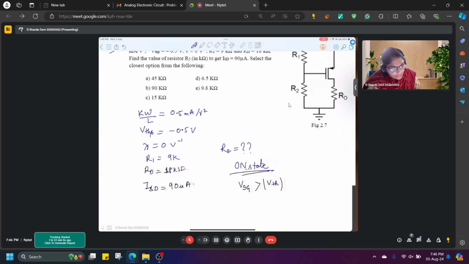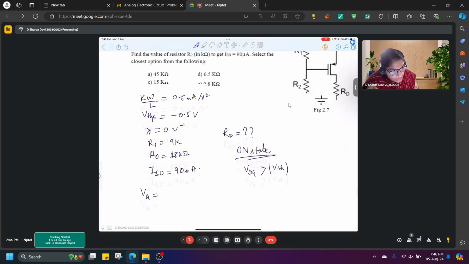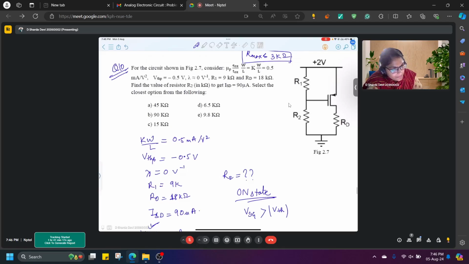Now if I want to find VG, it will be 2 into R2 upon R1 plus R2. This is my VG. So this is 90 microamps. This is 18 kilo ohms.